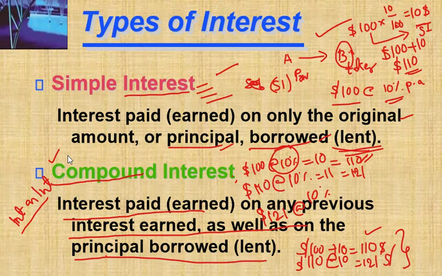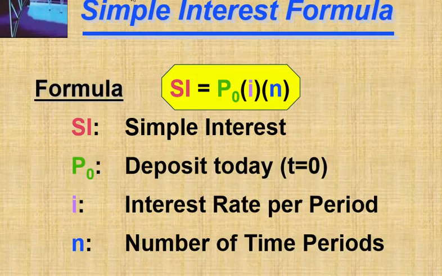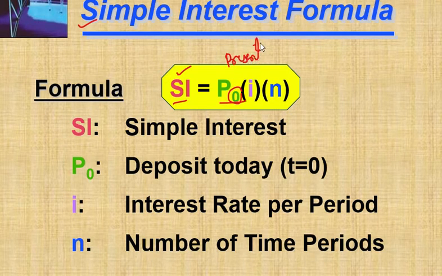Next point. Now what is the formula for simple interest? Simple interest is denoted by SI. P0 is the principal amount or depositor amount, where 0 indicates that it is the present, at present. And I is interest, very simple, and N is the number of years, number of time periods.